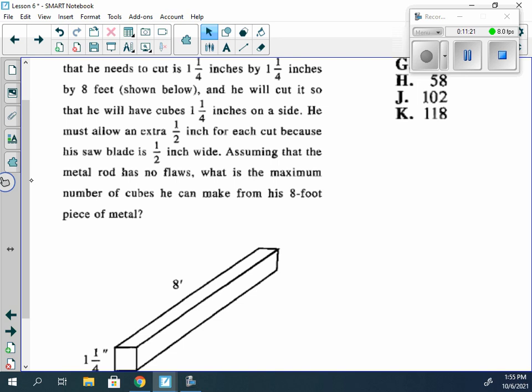Well, that really doesn't matter. The length is going to be 1 1/4 inch. He must allow an extra 1/2 inch for each cut, because the saw blade's a 1/2 inch, because we always lose material whenever we cut. Assuming that the metal rod has no flaws, what is the maximum number of cubes he can make from his 8-foot metal piece? Okay.